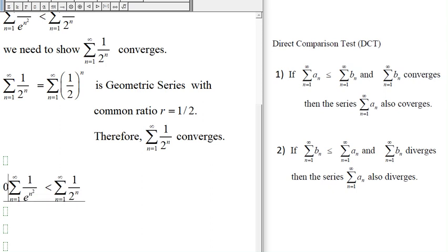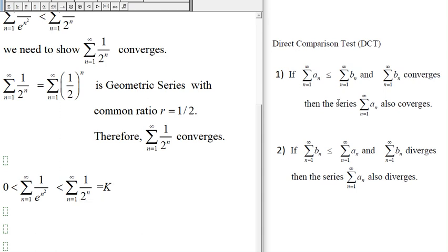So this is greater than 0, and then this is equal to some real finite number. And so that means this thing right here is bounded between 0 and some real finite number, and therefore it converges also.